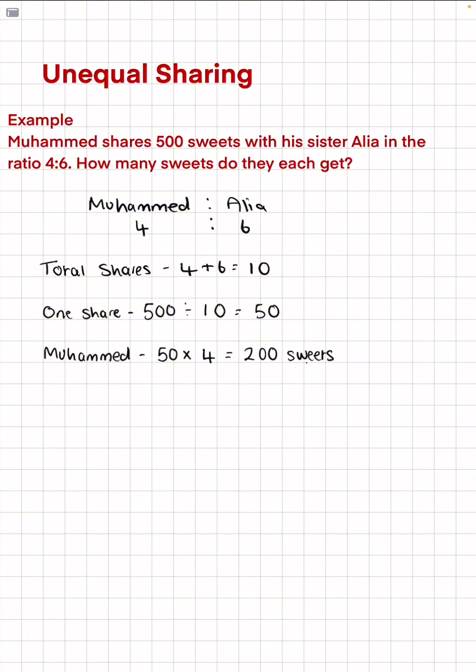So Mohammed gets 200 sweets. Alia will get 50 multiplied by 6, which equals 300 sweets. So Alia gets 300 sweets.